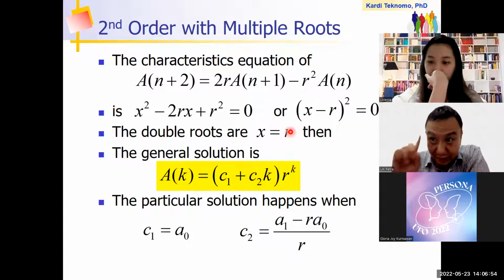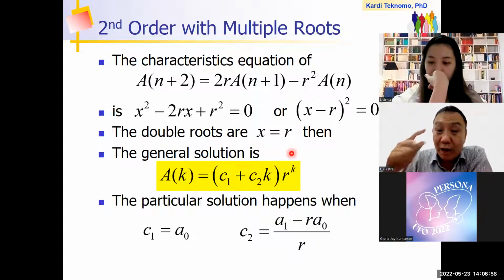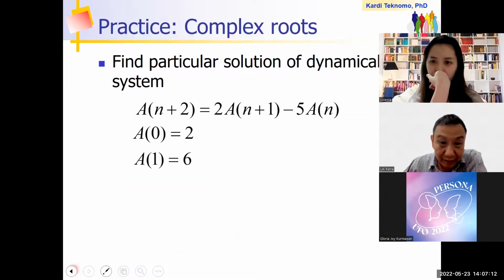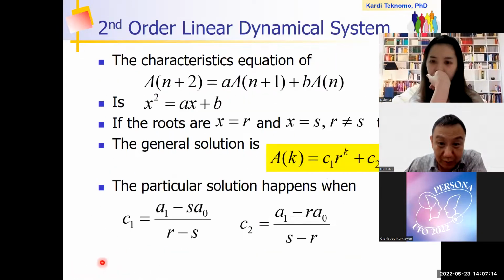In that case, be careful, the general solution is not like a while ago, but this one, the one in yellow. Can you distinguish? The earlier one in yellow also has R and S, because you have distinct root.